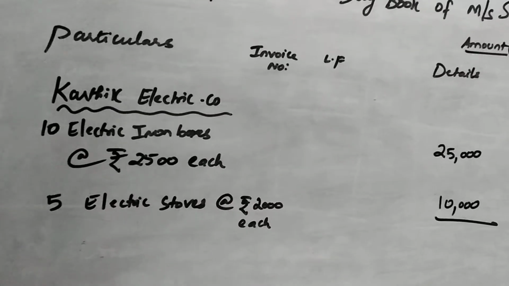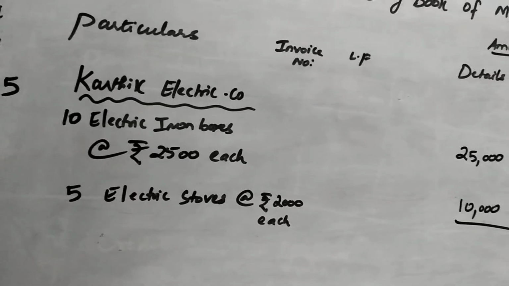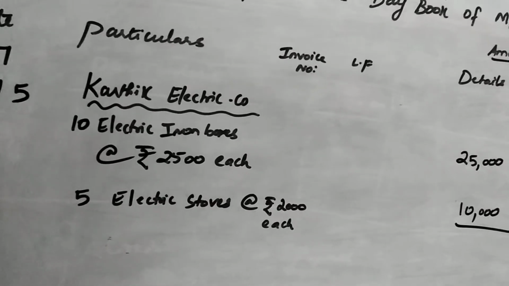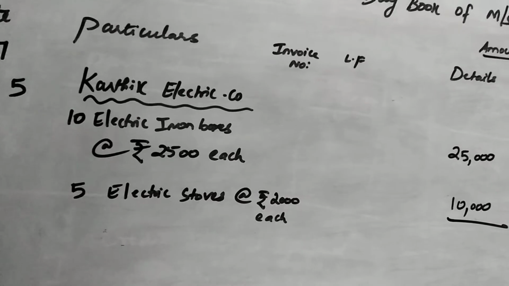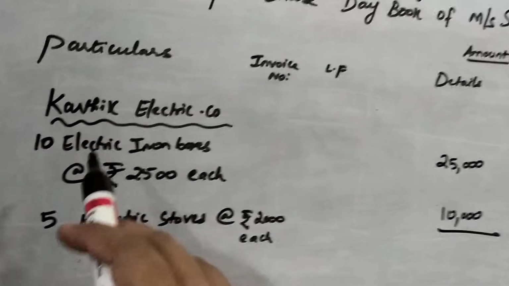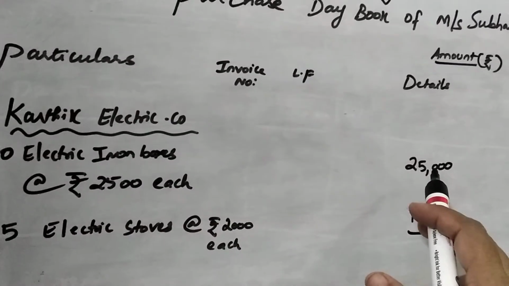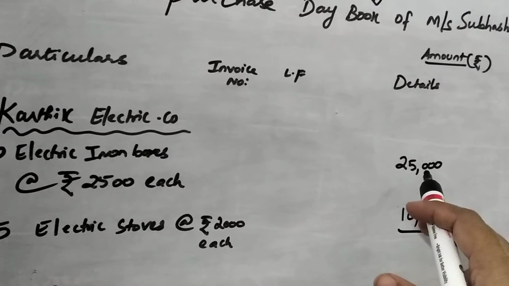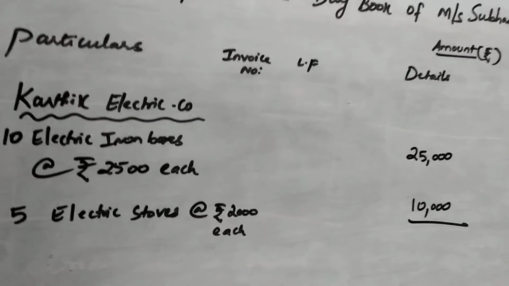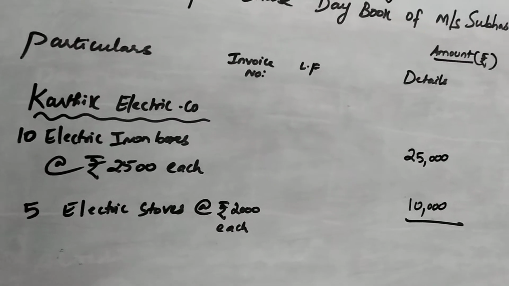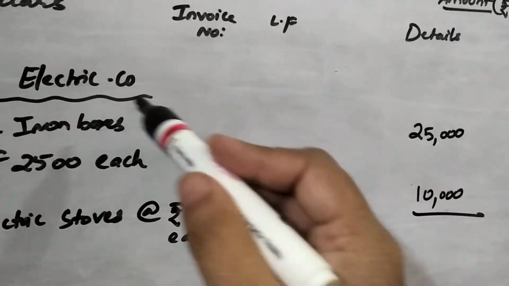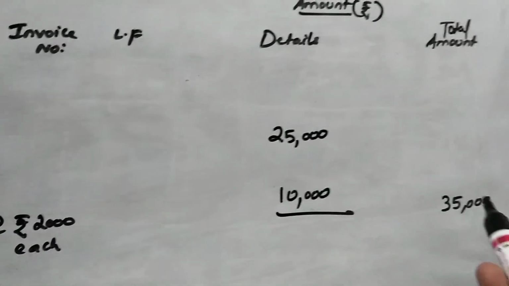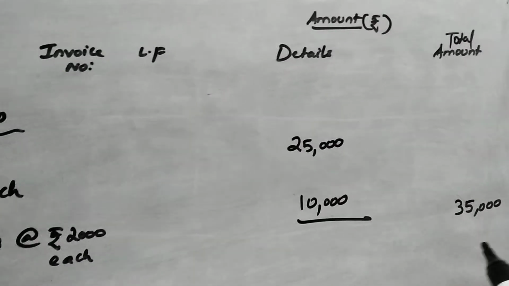Under that, what is the product which has been purchased? 10 electric iron boxes at Rs 2500 each. So 10 into 2500, 25,000. Put it in the detail column. Then 5 electric stoves at Rs 2000 each. 5 into 2000, 10,000. So what is the total for Karthik Electric Company? 35,000 to be written in the total column.